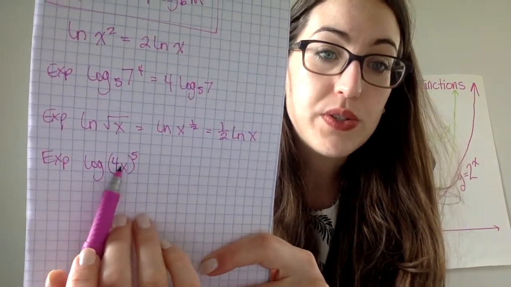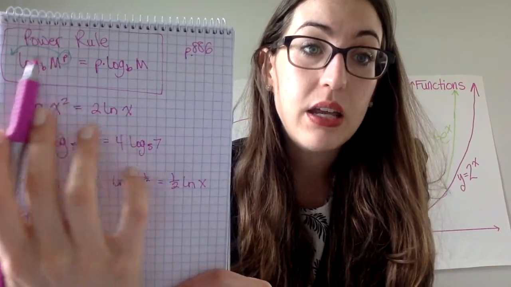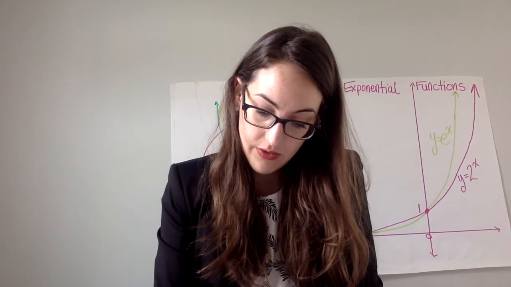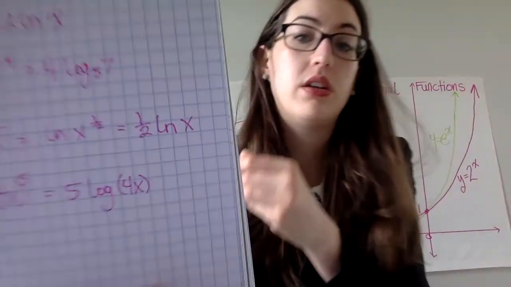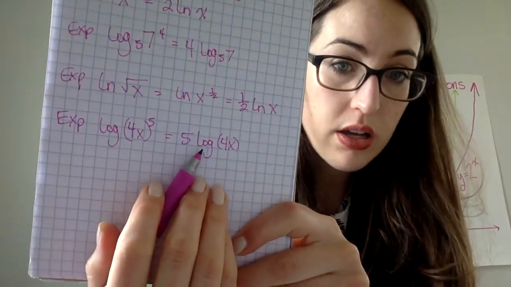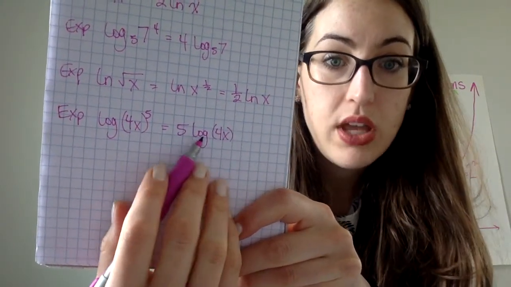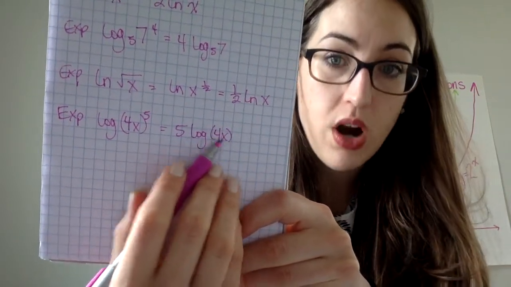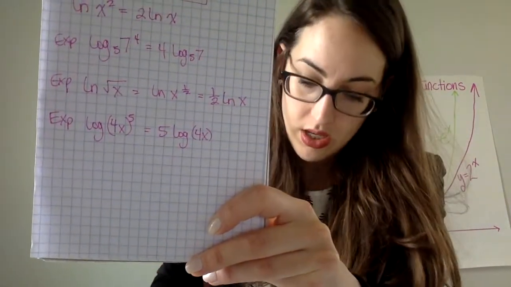So since both of those things are essentially the m, that p can be brought out front over there. 5 log 4x. And keep the parentheses around the 4x, okay? Because it's not log base 10 of 4 then times an x. No, it's log, invisible base 10, of 4x together, okay? So keep your parentheses around it.